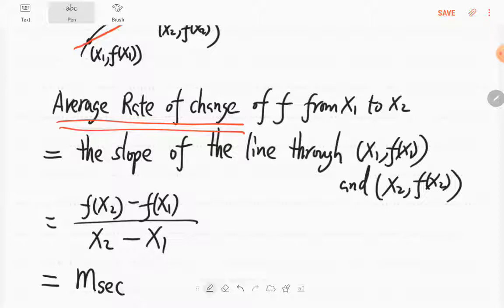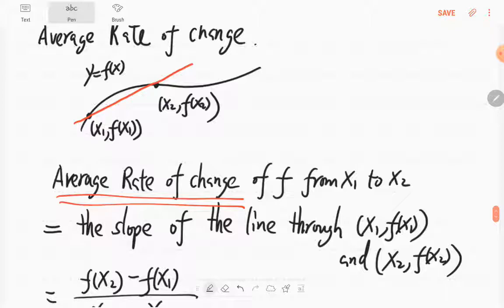And x2 minus x1 is the time used for this distance. So the distance divided by the time is the velocity, and that velocity is called the average velocity. This is what we have learned in physics in high school.